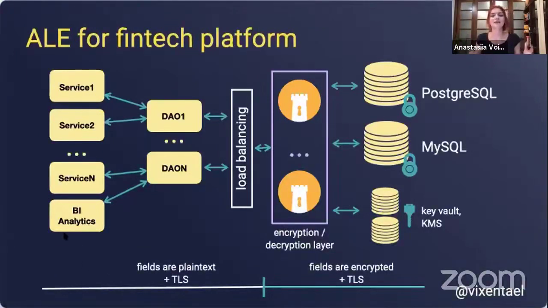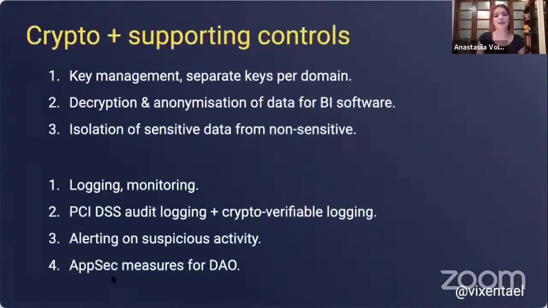So they needed to have access to the data to build analytics. So in this example, this layer did decryption and anonymization of data, especially for BI software. And as I mentioned previously, there are several security controls used to support their platform. In that case, at their fintech, they used a lot of PCI DSS required controls like audit logging.